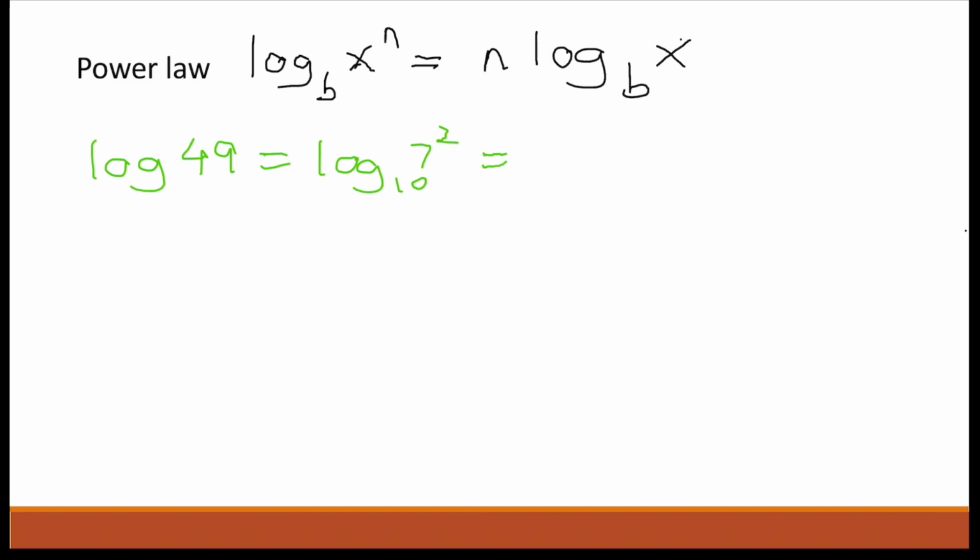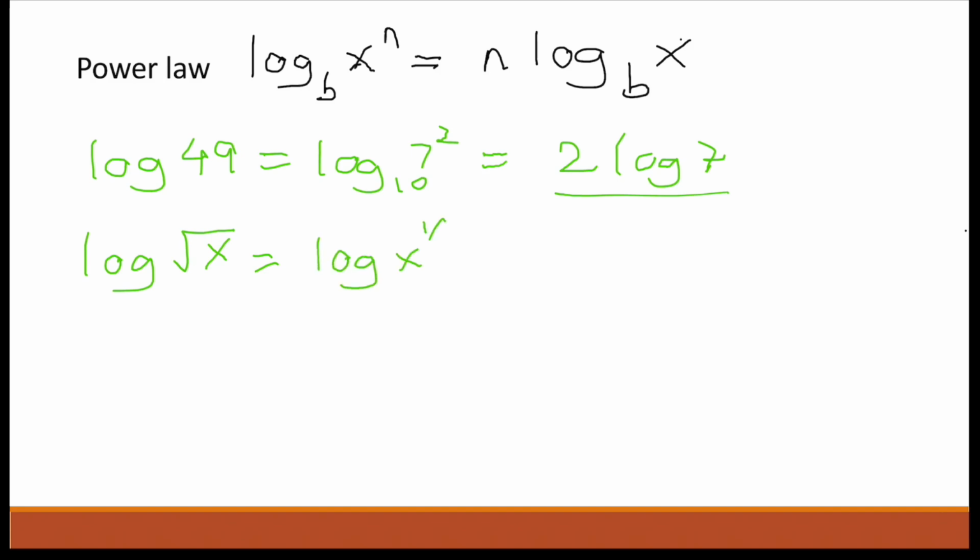So the 2 will go ahead. I have 2 times log 7. If I ask you log root x, then this can be written as log x to the power 1 by 2, which is 1 by 2 times log x. That was quite simple.